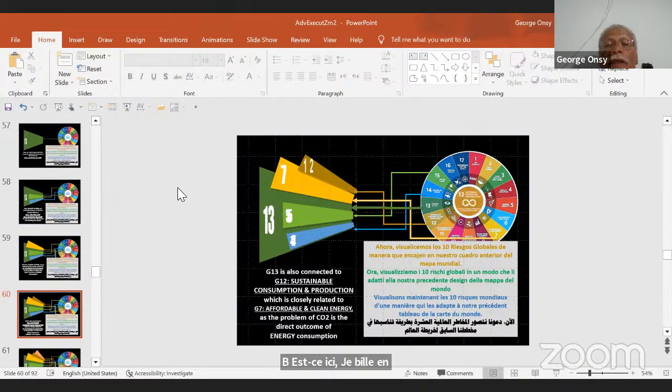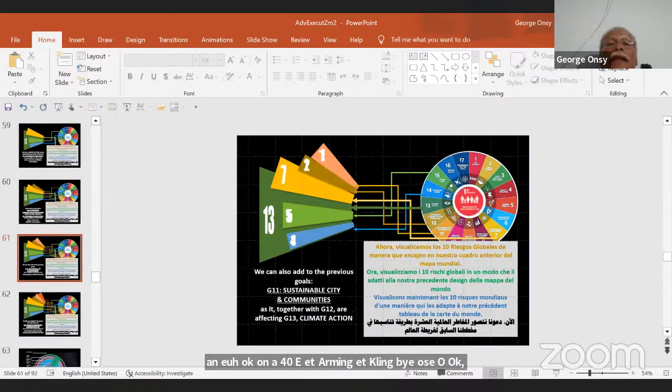G12 is sustainable consumption and production, which is closely related to G7, affordable and clean energy, since the problem of CO2 is the direct outcome of energy consumption. So it is related to energy, and in order to consume and produce, there are many countries that abuse this, on the account of harming the climate by CO2.